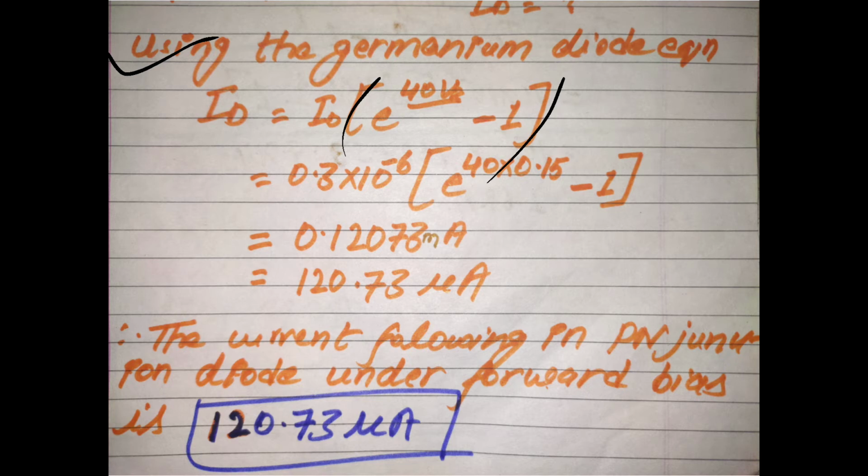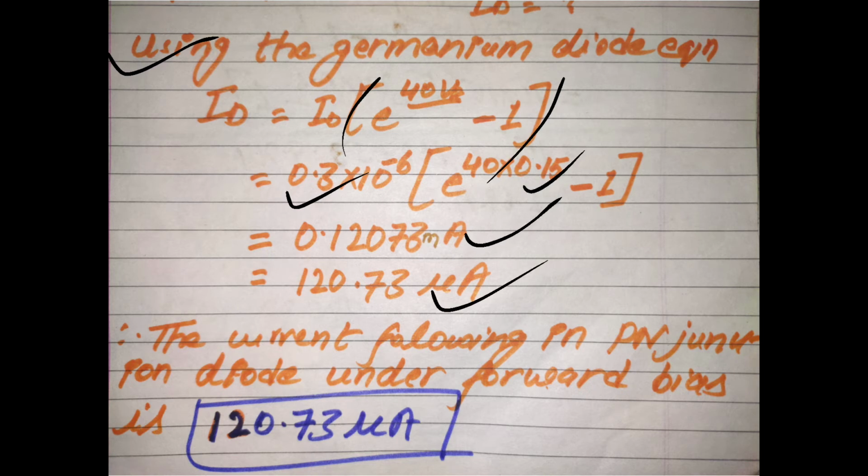If we put the given values in this equation, where the reverse saturation current is 0.3 into 10 to the power minus 6 and the forward bias potential is 0.15 volt, and solve this, we get 0.12073 milliampere, which equals 120.73 microampere.